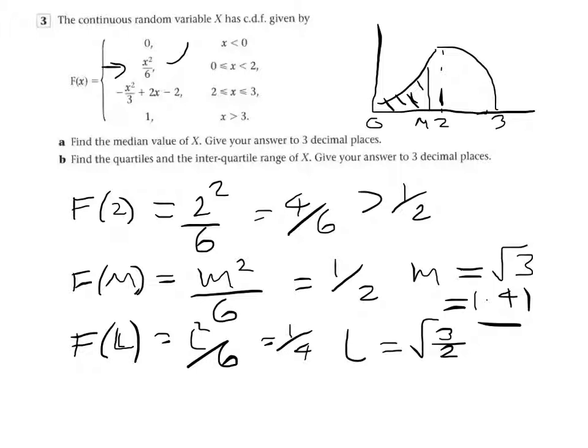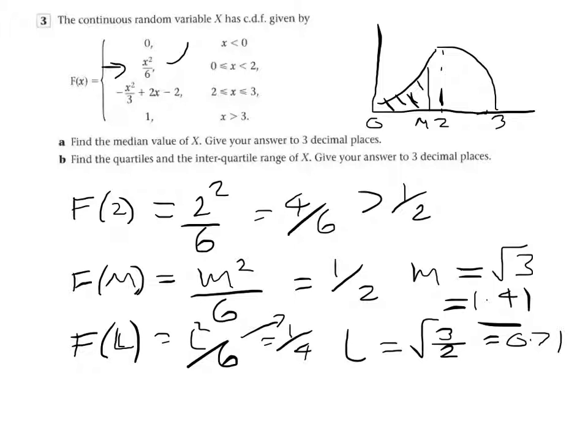So L equals the square root of 3 over 2, and you can work that out on a calculator, which will be close to 0.7, it'll be 0.7 or 0.71. I'll put in 0.71. Check that though, I've not used a calculator, I've just estimated that.